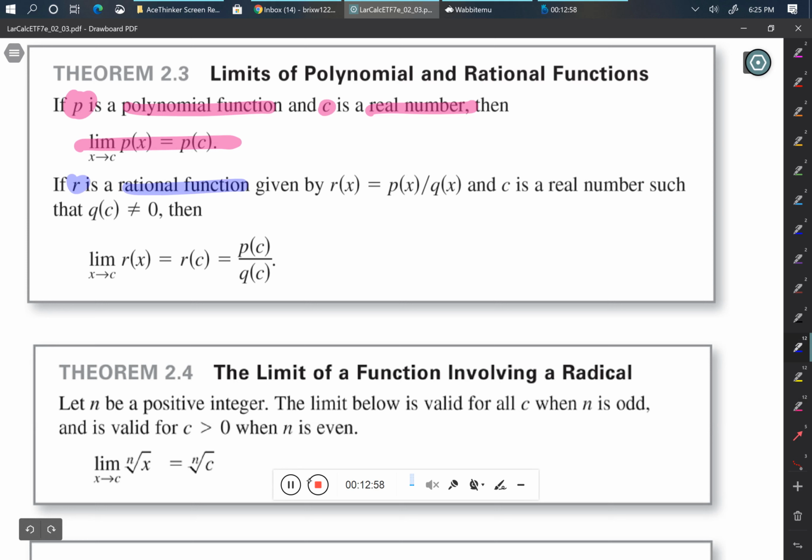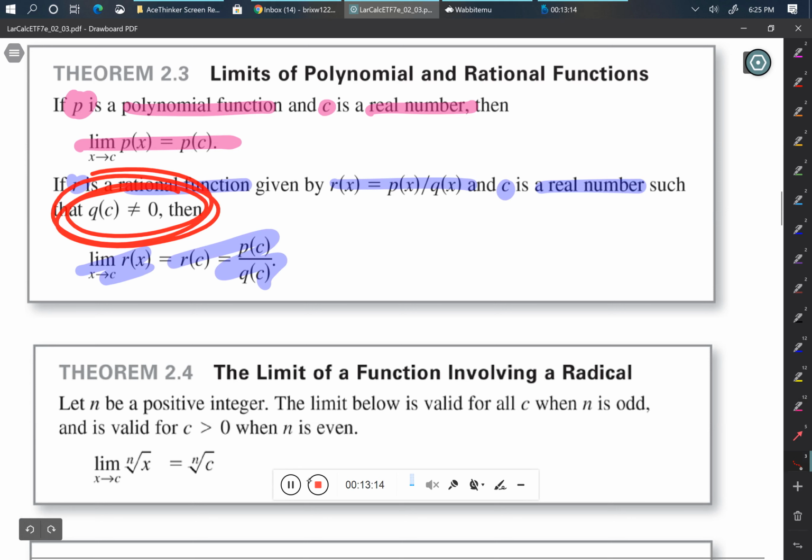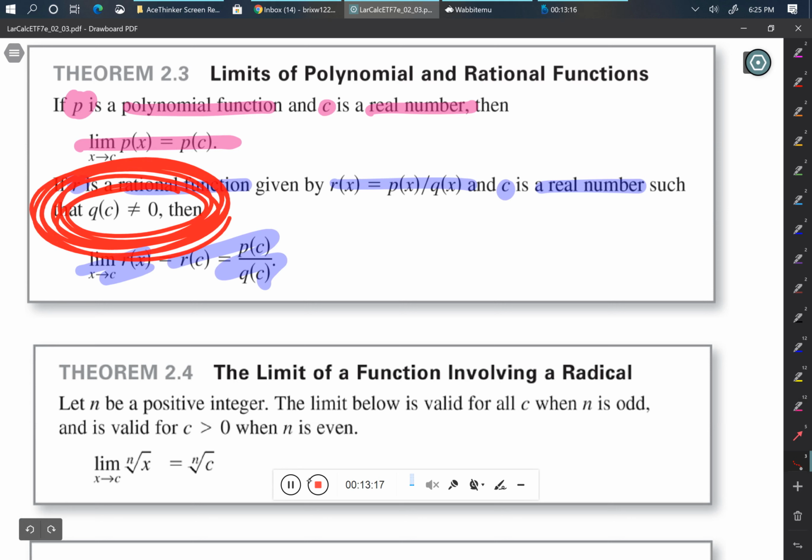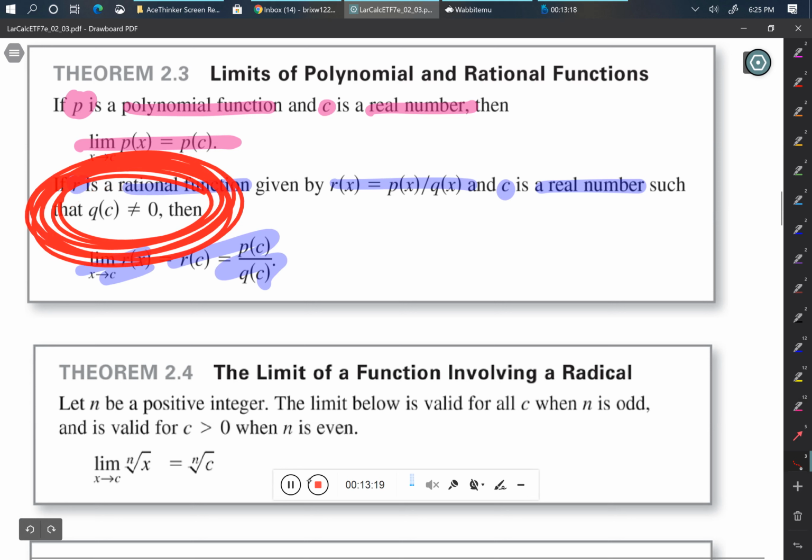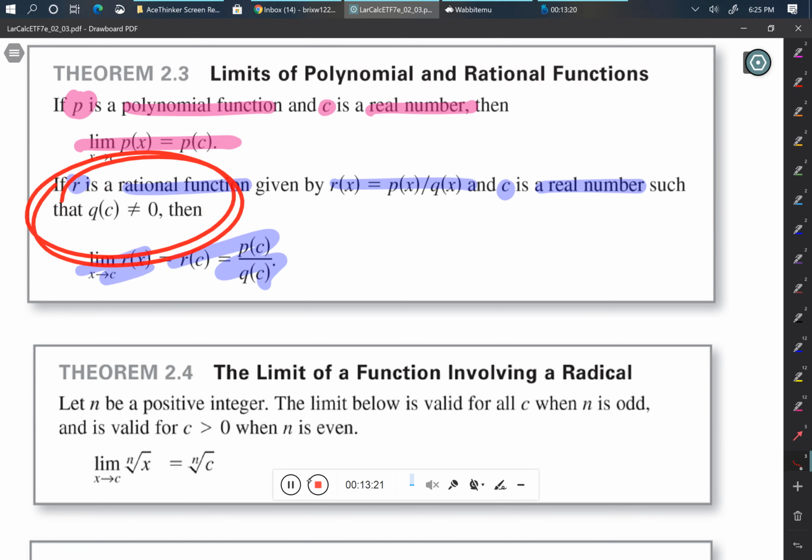If r is a rational function, given by r of x equal to p of x divided by q of x, and c again is a real number, then the limit of r of x is just direct substitution. The only caveat we have here is, what can we never have with a fraction? Well, we can never have a fraction where the denominator evaluates at 0, because we cannot divide by 0. Okay.